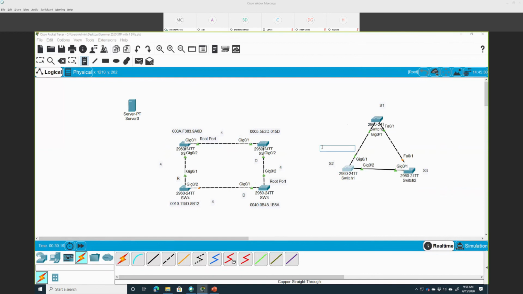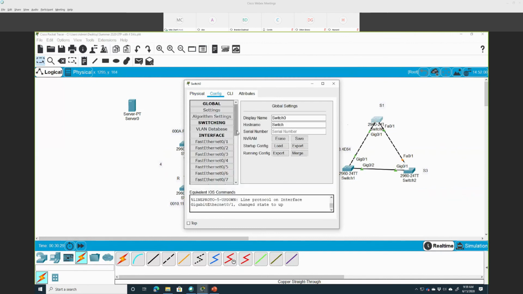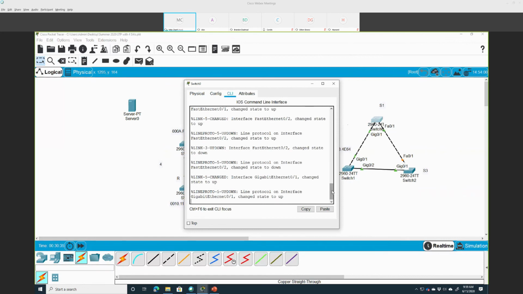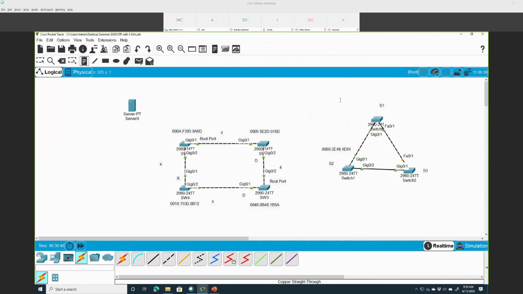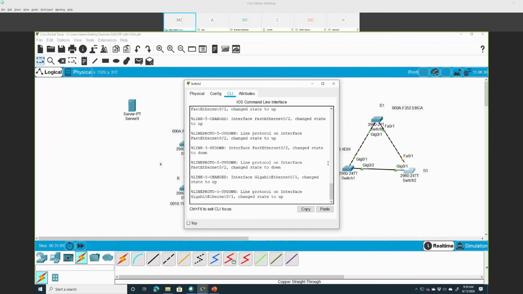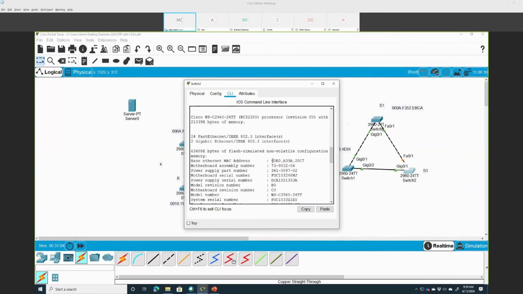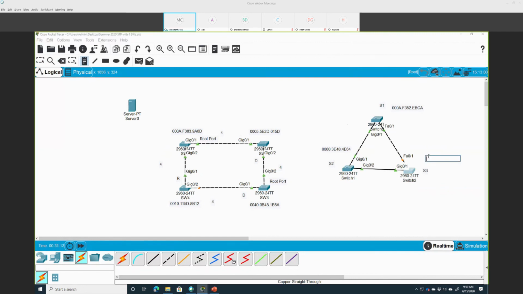And you do this one, Control V. You go to this S3, copy and paste it right here. Okay. So who has the lowest MAC address?